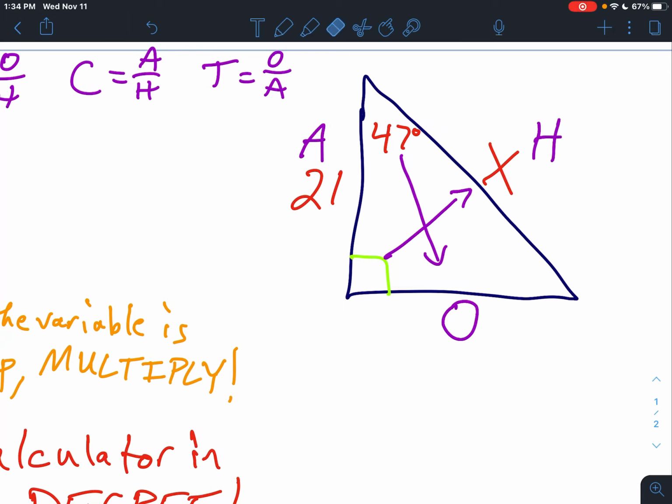Okay, in this scenario, I'm not going to use my opposite side because it's blank. Therefore, I need to use the a and the h. Well, what uses that? Cosine. So cosine of our angle equals a on top, 21, h on the bottom, x.